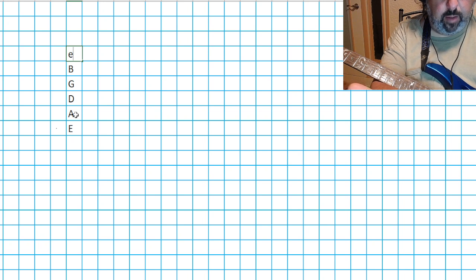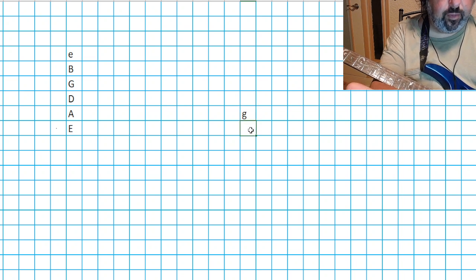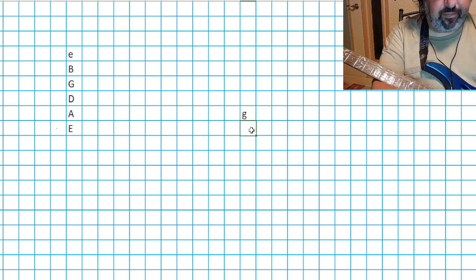If I've got a note on my A string, this would be the B, the C, the D, 5th fret is there. Let's say I've got E, F, G. Let's use G. What's above G? Well, what is the 5 of G?